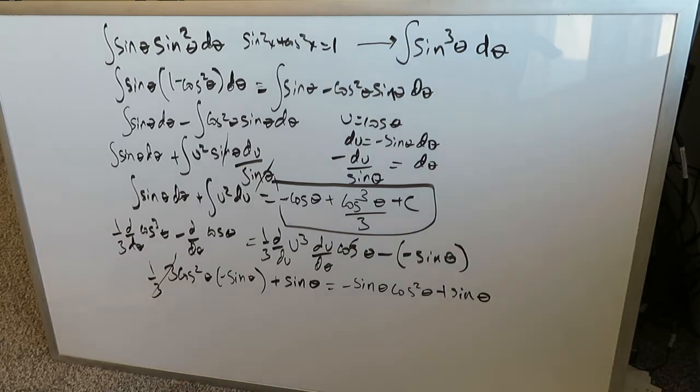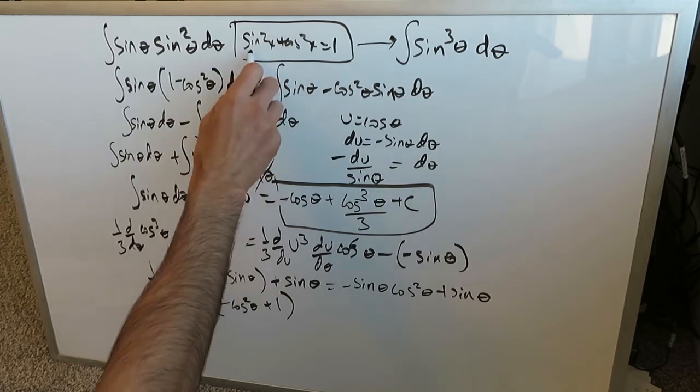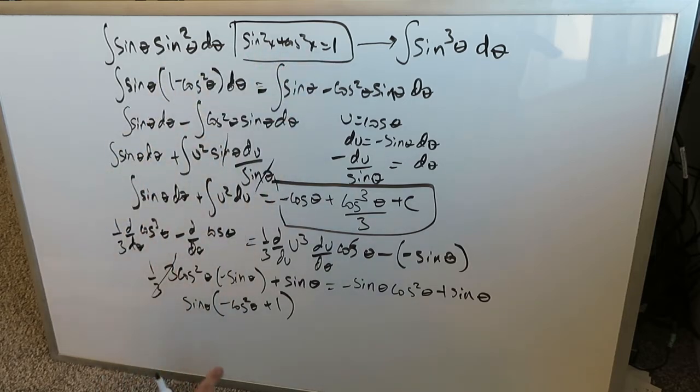What can I do from all of this? Remember, I'm trying to work this antiderivative back to this. I can isolate a sine theta. When I isolate a sine theta, I get a minus cosine square theta plus 1. This is the same thing as 1 minus cosine square theta, which clues you back right over here, because sine square x is equal to 1 minus cosine square x.